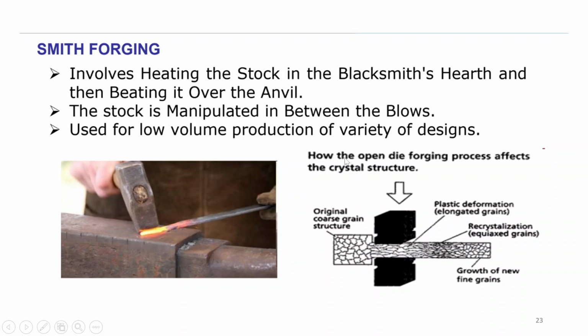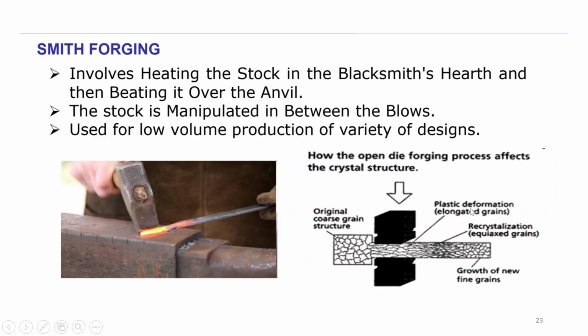So how does the open die forging process affect the crystal structure? If initially there was a coarse grain structure, then after forging it becomes an elongated type of structure.